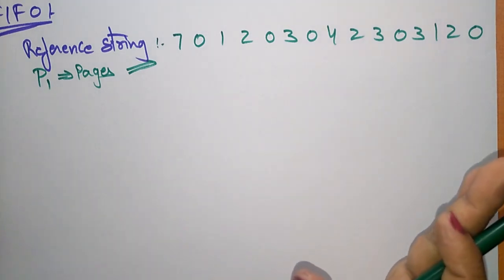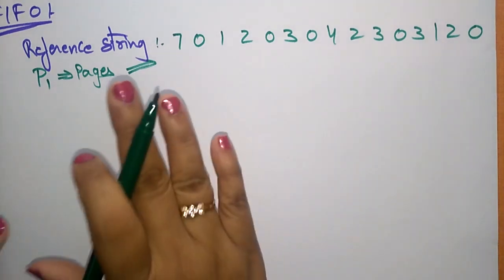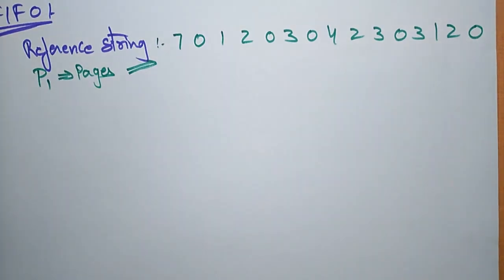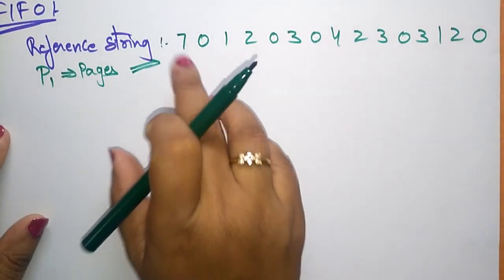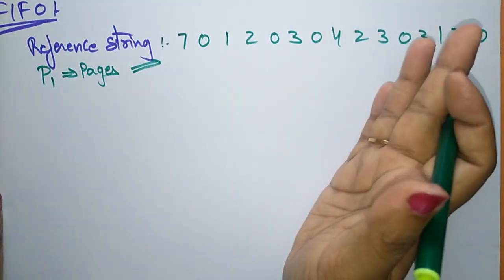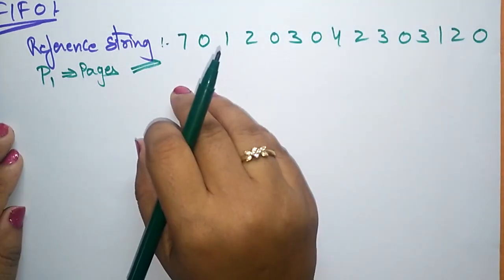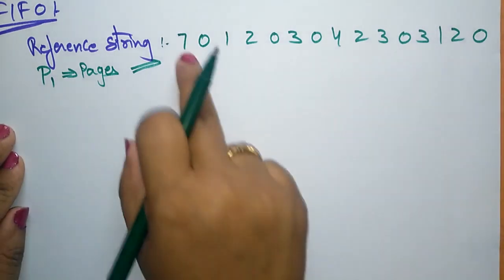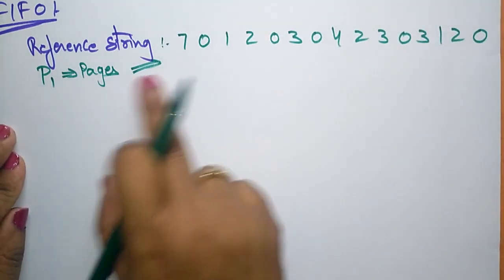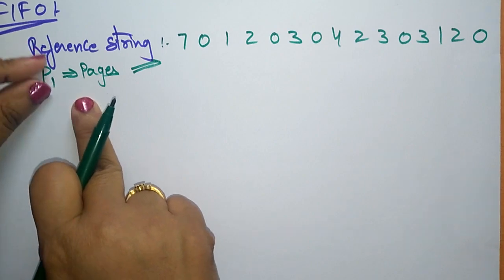If the page is not found in main memory, then we call it a page fault. That we already know. Whatever page the CPU is demanding, if that page is not present in the main memory, you call it a page fault. Whenever a page fault occurs, we have to bring that reference page. These are all the reference pages the CPU is demanding, which process P1 holds.